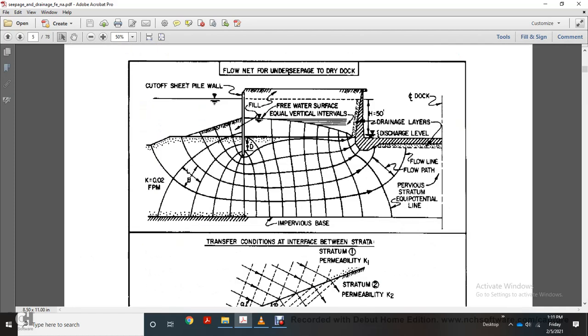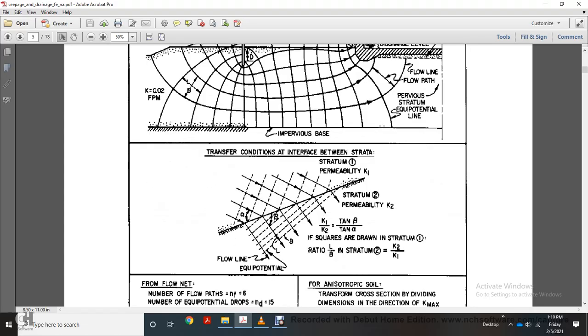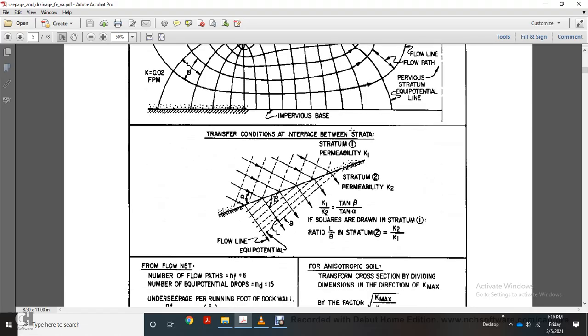Figure 1 shows a flow net: cutoff sheet, pipe well, fill, free water surface, equal vertical intervals, impervious base, pervious stratum, aquitard, equipotential line, discharge, drainage layers, dock. This shows a transfer condition at the interface between stratified permeable layers.